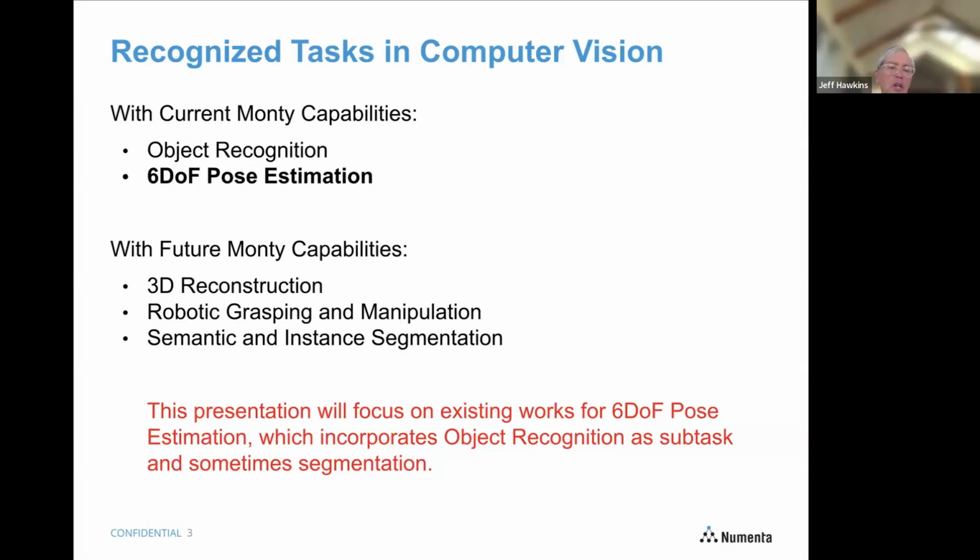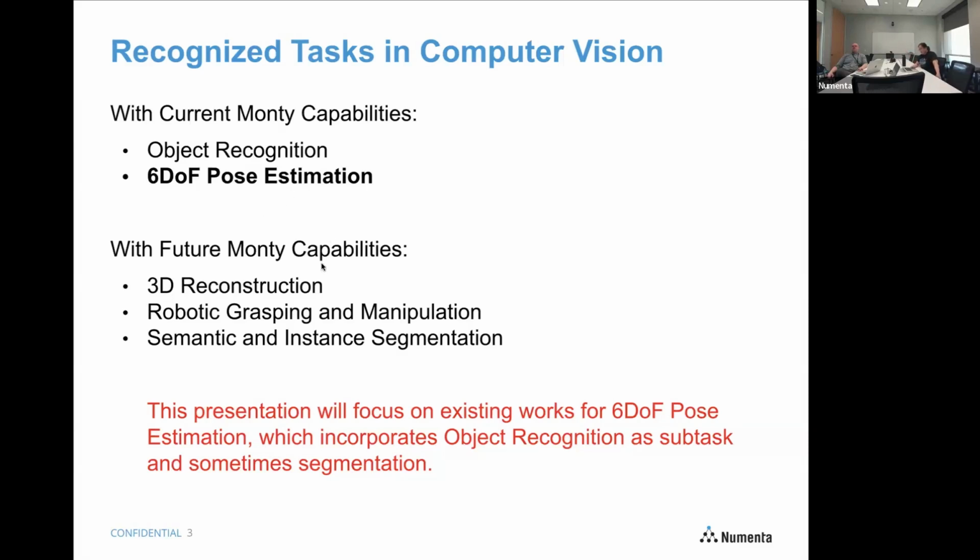Just put the word prediction instead of reconstruction. Yeah, right. And some other possibly like robotic grasping and manipulation, semantic and instance segmentation. These are not yet implemented, but maybe these tasks may be compared against in the future.